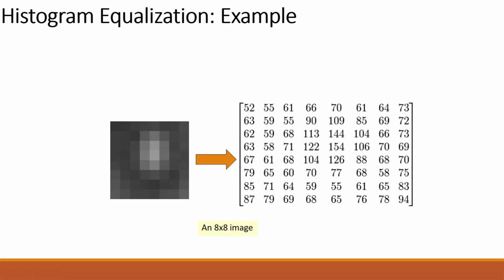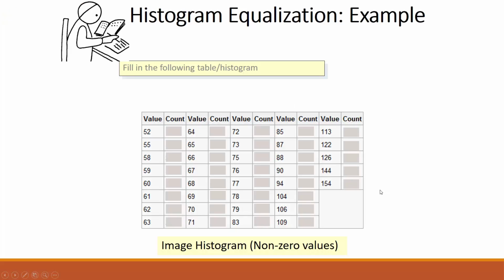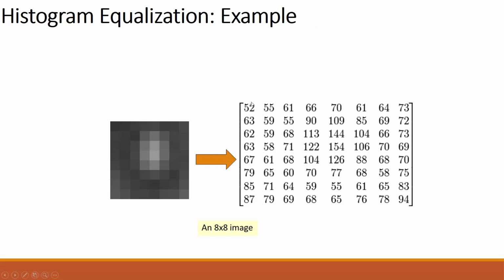Now this one is another example where the input size of the image is 8 cross 8 and the intensity values vary from 0 to 255. So for equalization, we have to count how many times 52 comes into this image.